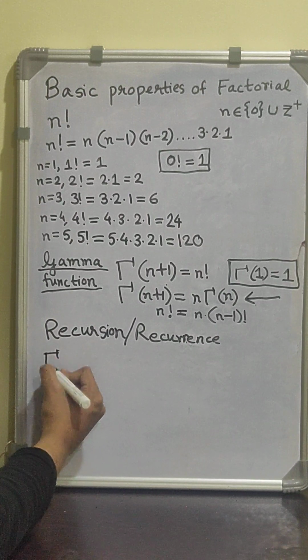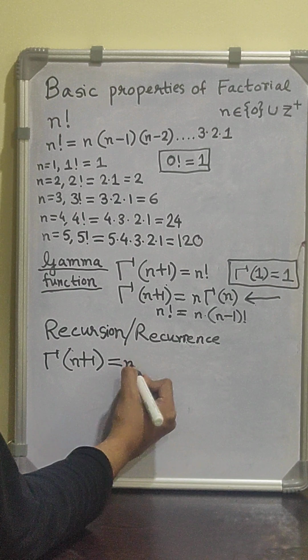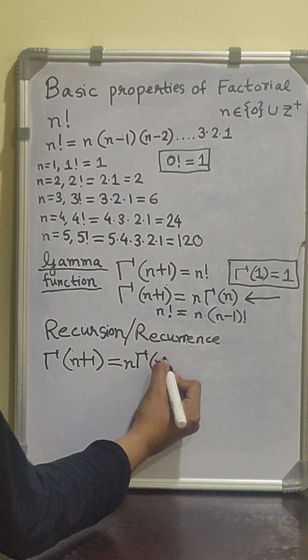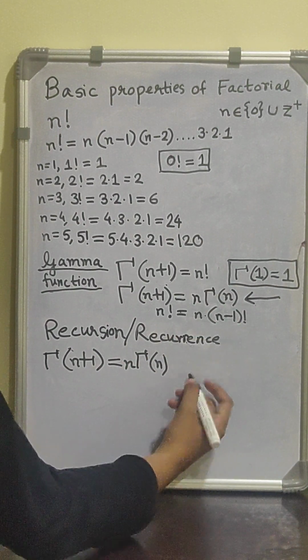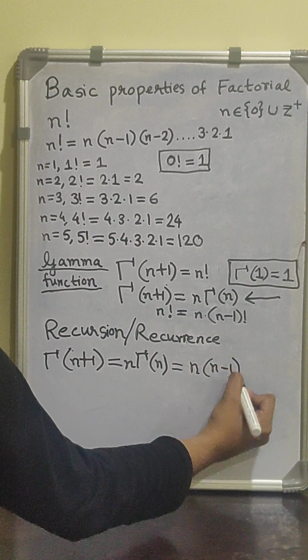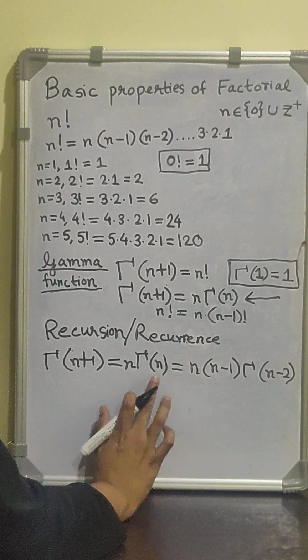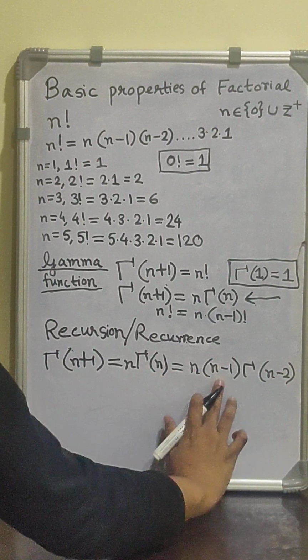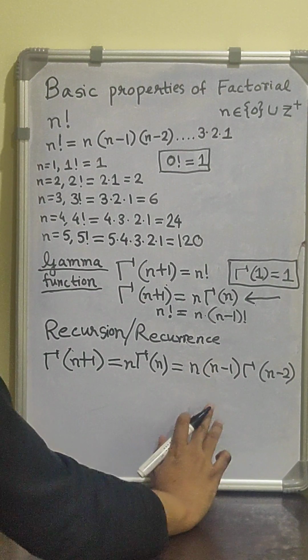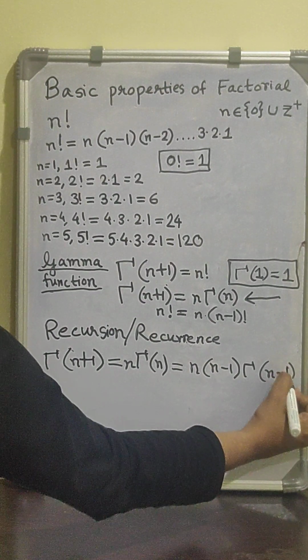I'll try to demonstrate a little bit more about how recursion works here. So this is just rewriting this, not doing anything. And hey, I can keep on writing this. So I just expanded gamma of n again in this form.